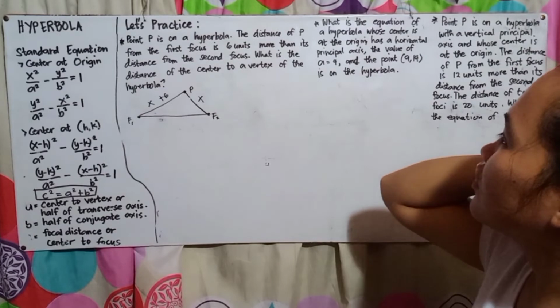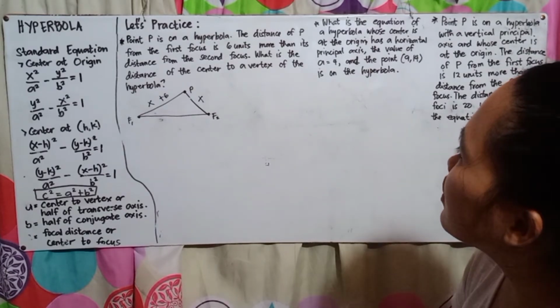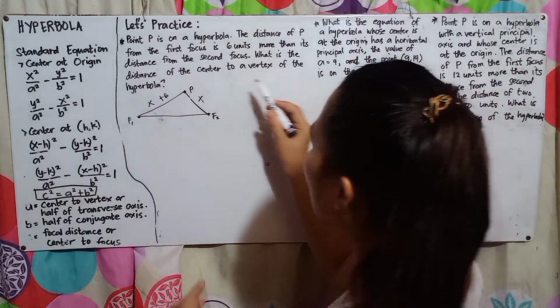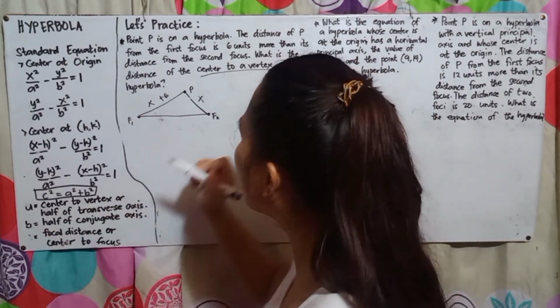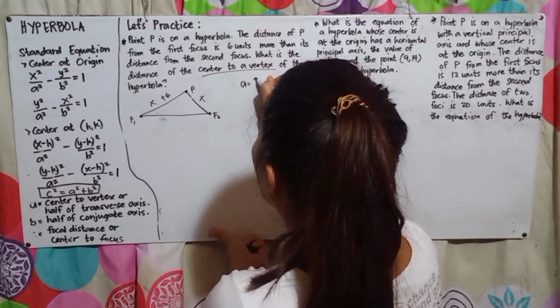So what is the distance from the center to the vertex of our hyperbola? Center to vertex is a, so we compute for a.